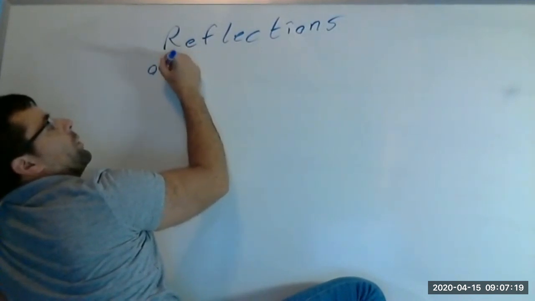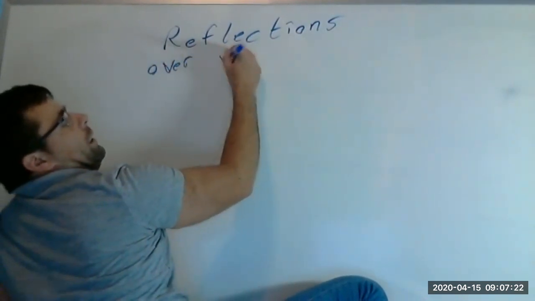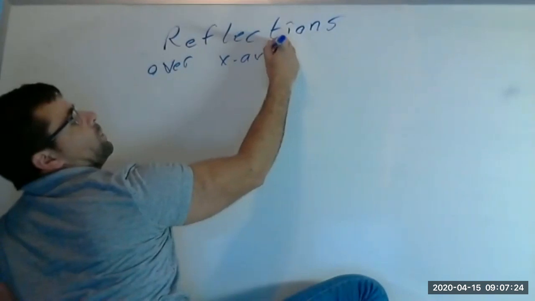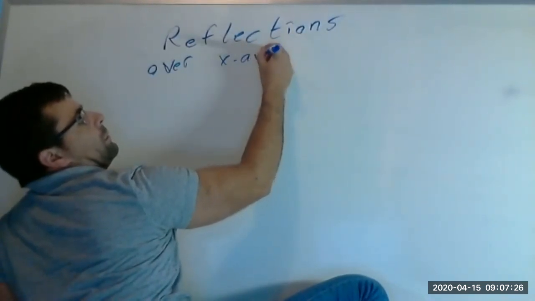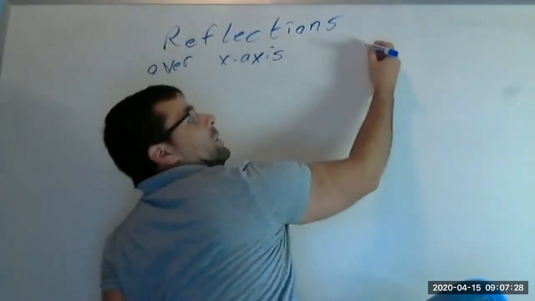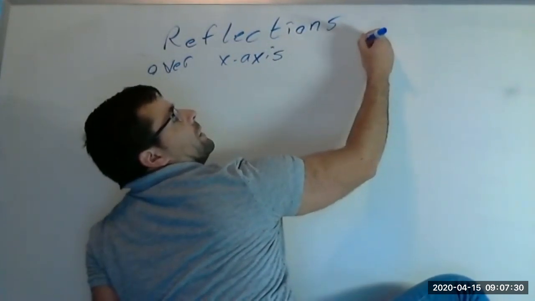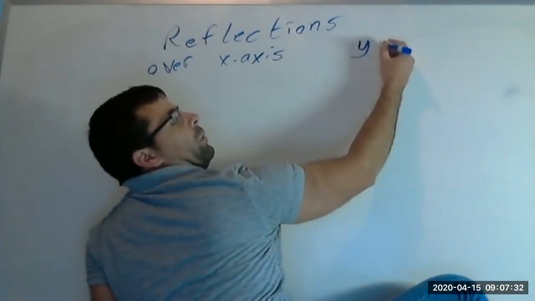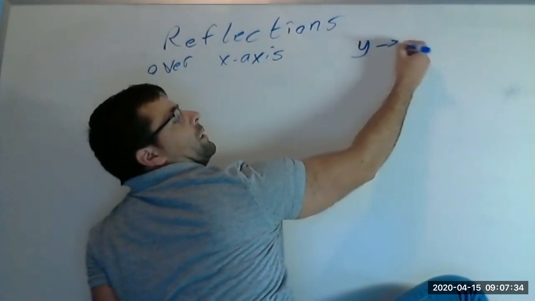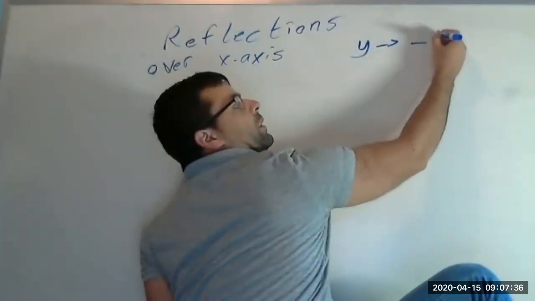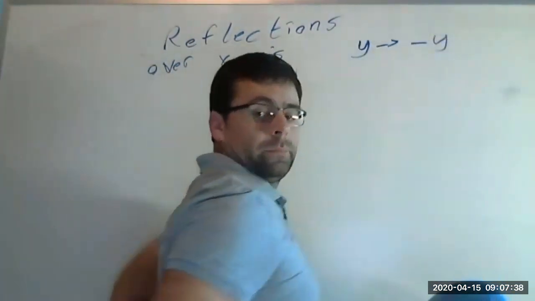When you go over the x-axis, what you do is everywhere you see a y in your equation, you convert it to a negative y.